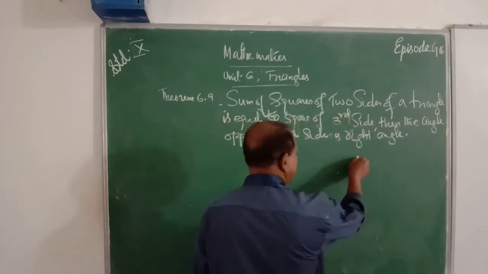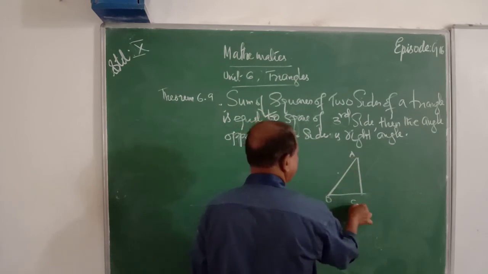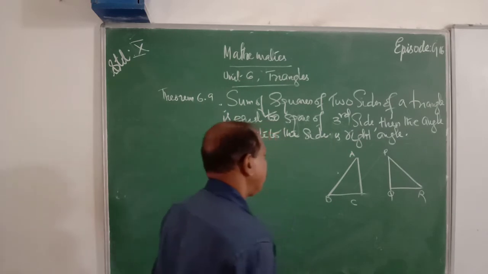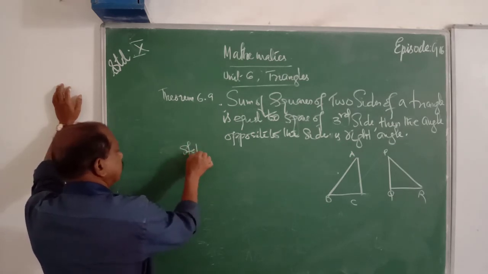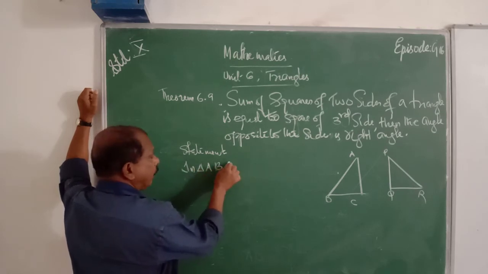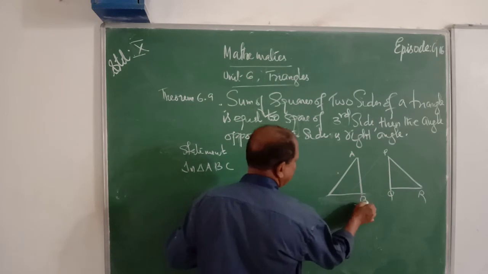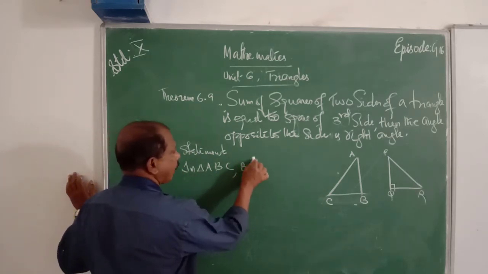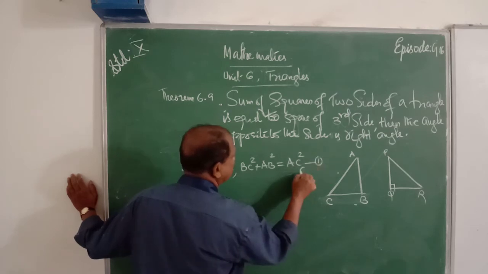Let us consider triangle ABC, and then another triangle PQR. Given triangle ABC, BC square plus AB square is equal to AC square. That is equation number 1. It is given.